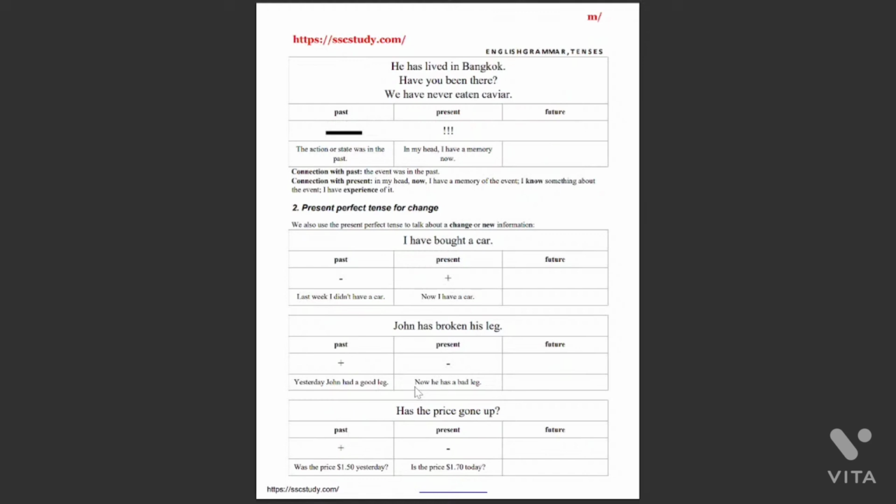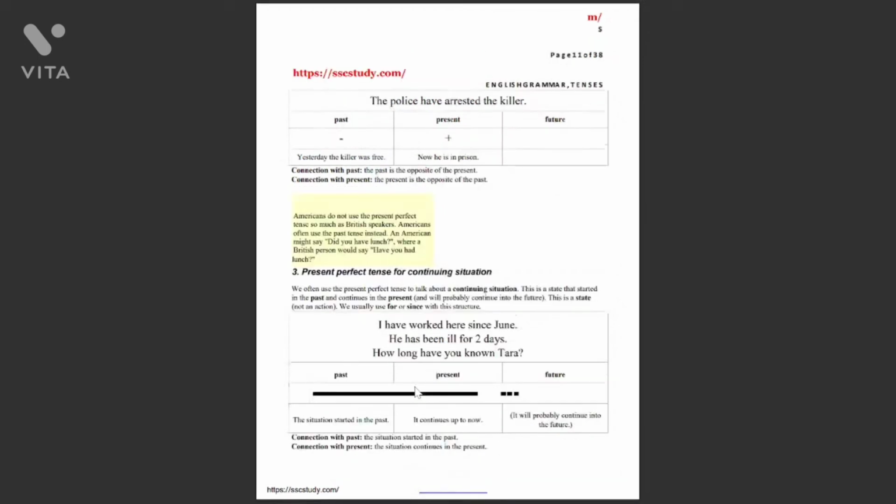And, has the price gone up? We don't know when the price went up. Was the price 1.50 yesterday, and is it 1.70 today? We don't know how it changed. So this is the difference.